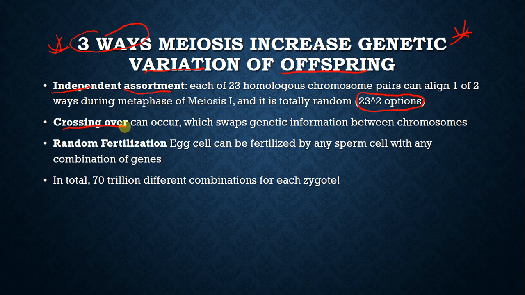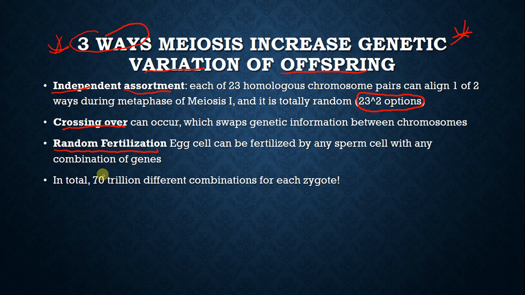2. Crossing over can occur, which swaps genetic information between chromosomes. It doesn't happen in the same predictable way every time. And third, random fertilization. So an egg cell can be fertilized by any sperm cell with any combination of genetic material that resulted from independent assortment and crossing over.